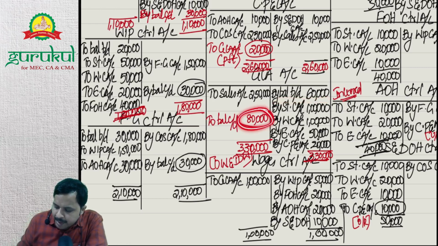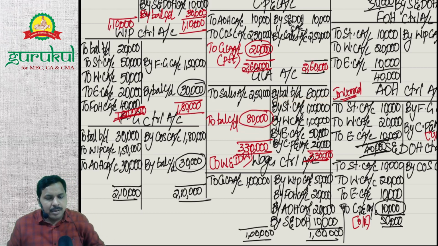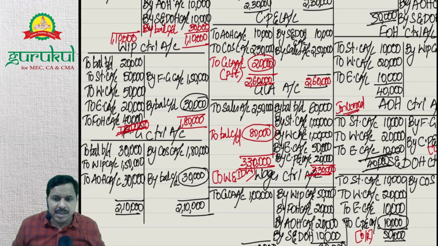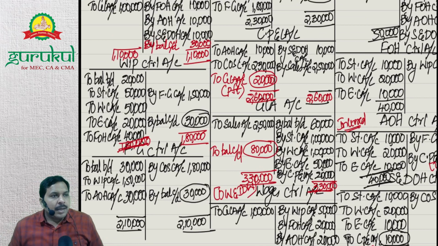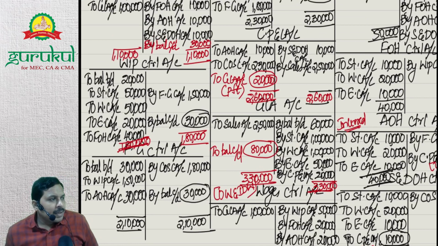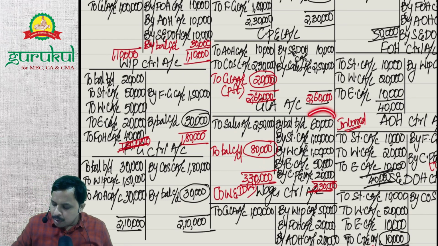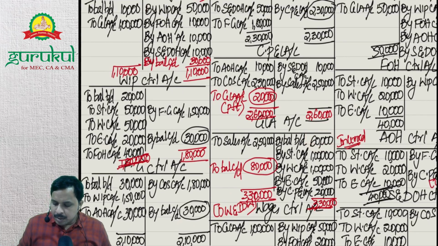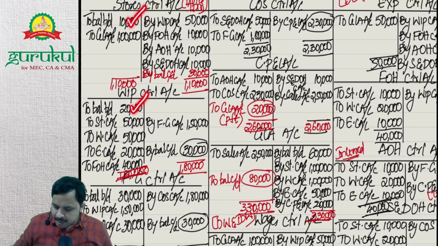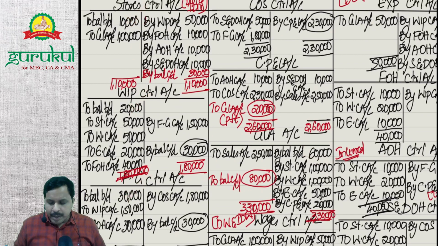Now we have a closing balance of how much? 80,000. So that is our closing balance of GLA. Now they ask us to prepare a trial balance. Opening 60,000, I have explained to you how we got the 60,000: 10,000, 20,000, 30,000 we have added. Now we have closing 80,000.